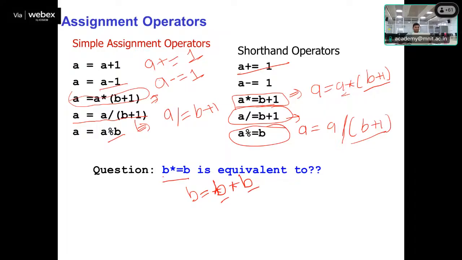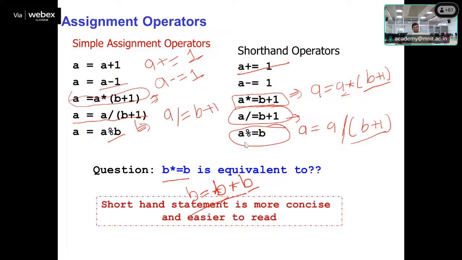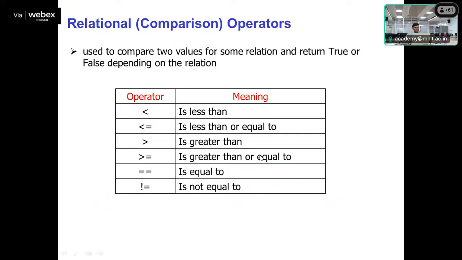So shorthand notation is one kind of more concise and easier way to read and write arithmetic expressions wherever applicable in our program.